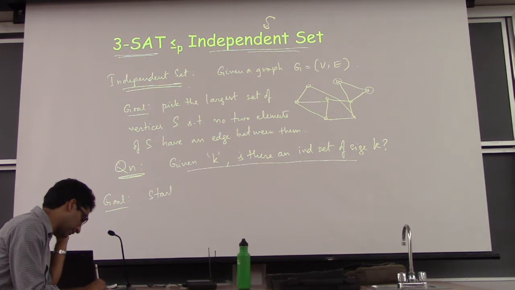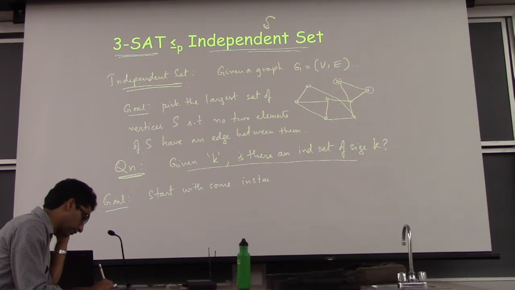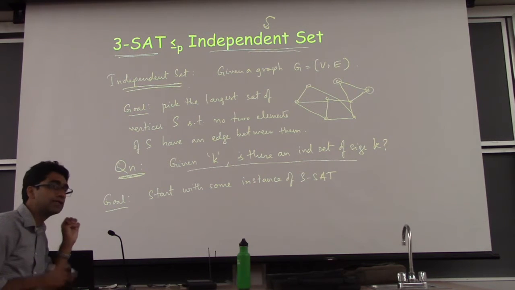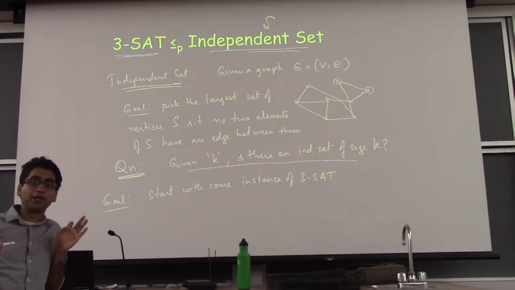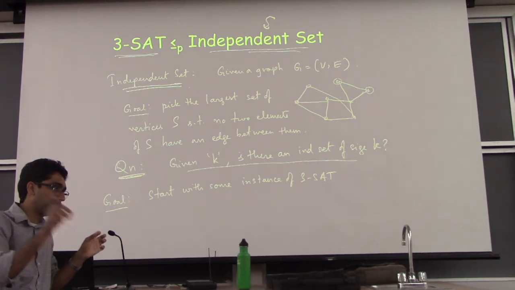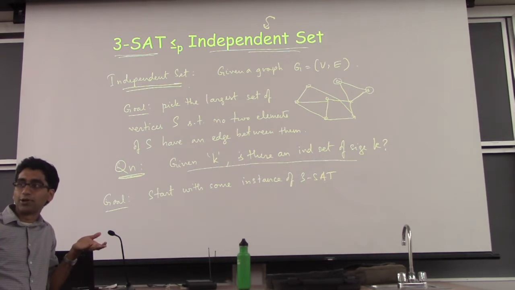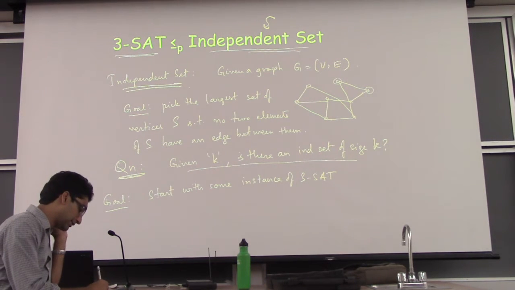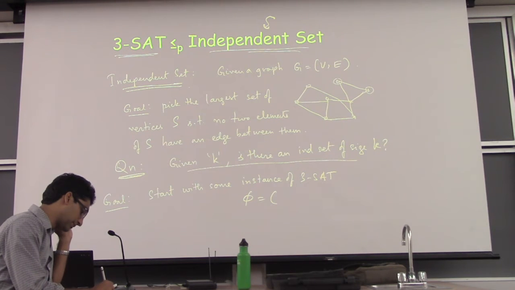So the goal is to start with some instance of 3SAT. An instance of 3SAT is just a Boolean formula, where you have 3 literals per clause. So it's phi, which has a first clause and a second clause and so on.